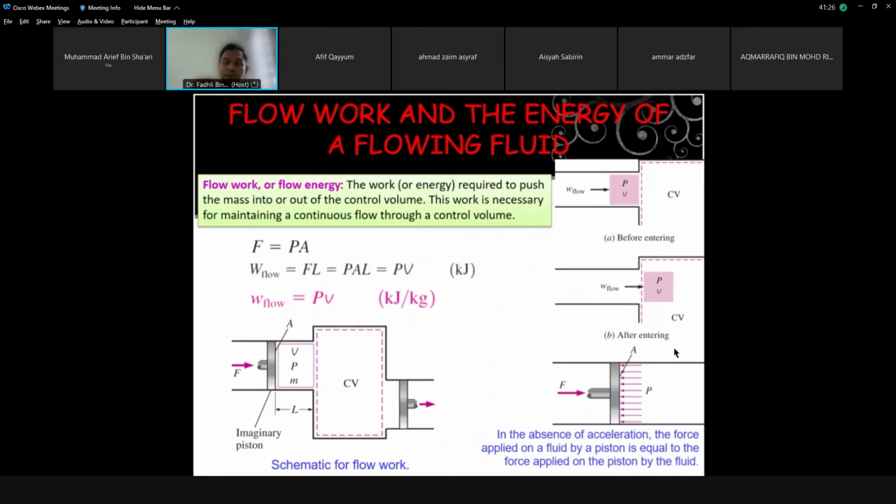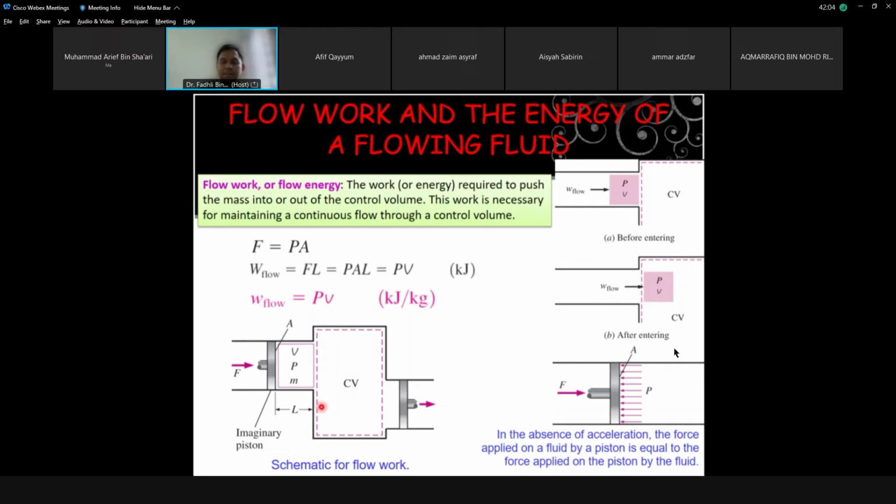If we have force and distance, then of course they have a work. This work is necessary for maintaining a continuous flow through a control volume. Kalau tak ada force, then tak ada berterusan lah aliran fluid itu, tidak akan berterusan. But if we have flow work or force, then the fluid flows continuously. Okay. This is how the flow work looks like.